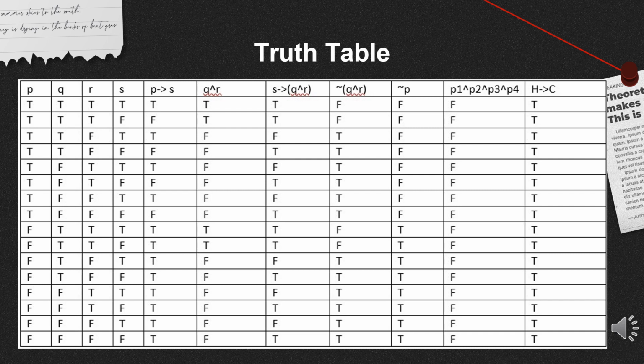For the last column, hypothesis implies conclusion, the values will be all true. Since the last column is all true, we can conclude that this argument is valid since it is a tautology.